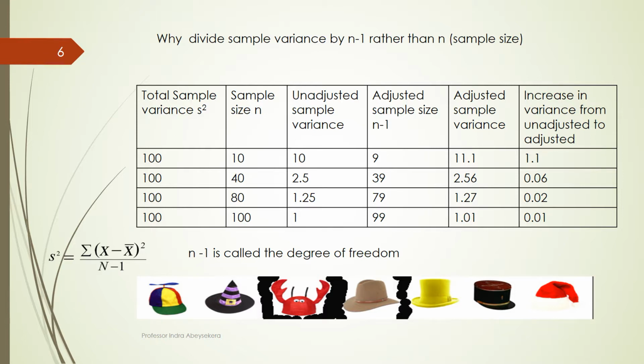Now let's take one off from the sample size and adjust the sample size to n minus 1, which is the fourth column.